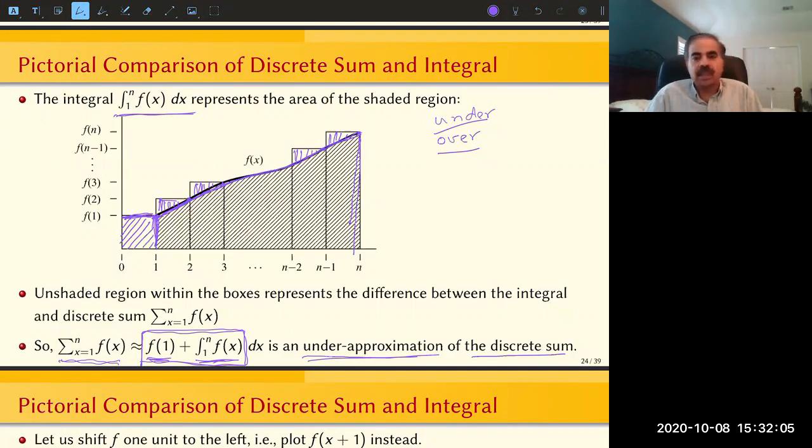But when it comes to integration, that's not the case, right? So you should be able to apply integration to compute sums, okay? But I'm not going to worry too much about whether you can actually do the integration or not, okay?